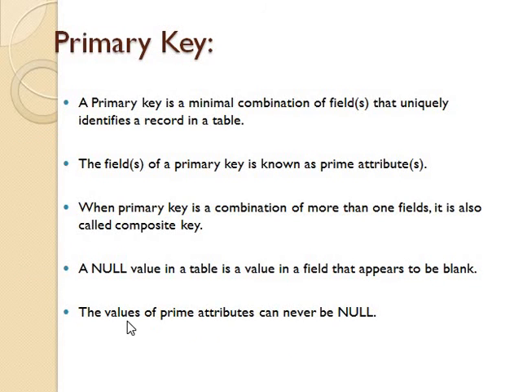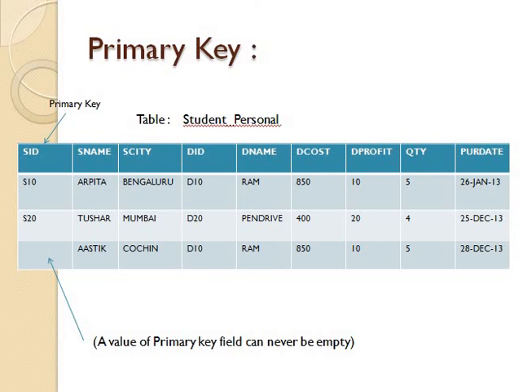Now read the last point. The values of prime attributes can never be null. Now which are those prime attributes? The attributes or the fields of a primary key are known as the prime attributes. Now since this field SID is a primary key, so it is a prime attribute.